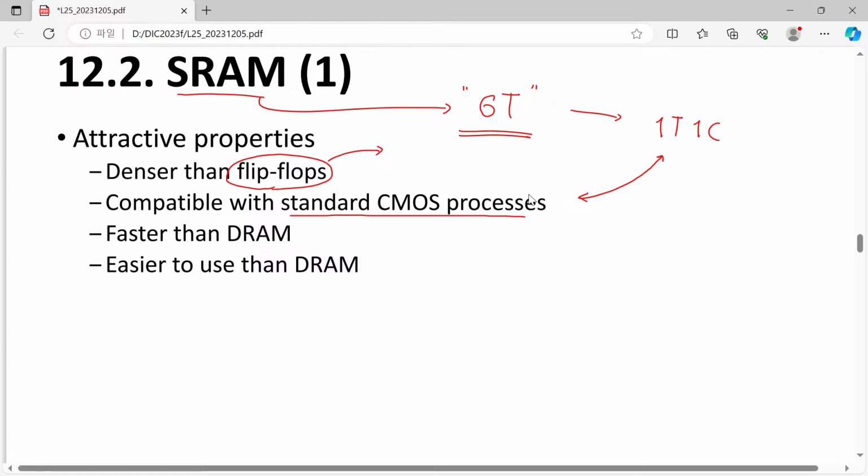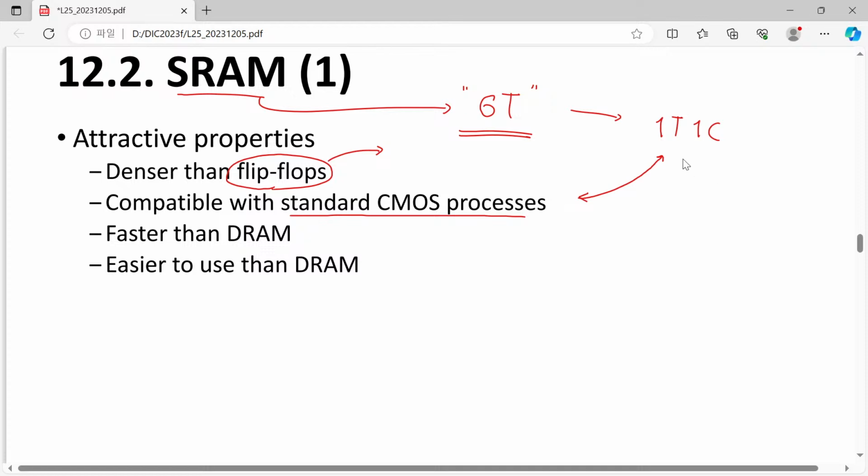So DRAM is more conservative in accepting new materials. So that is a huge advantage over DRAM, and yes, SRAM is faster than DRAM, it's true, and easier to use than DRAM. Yes, it has many good properties.